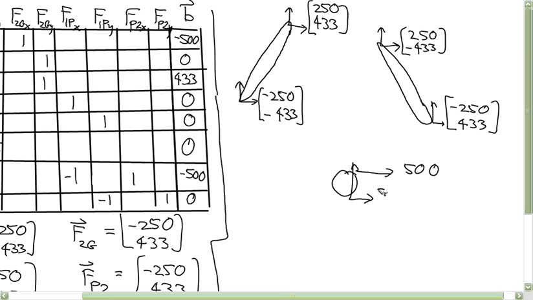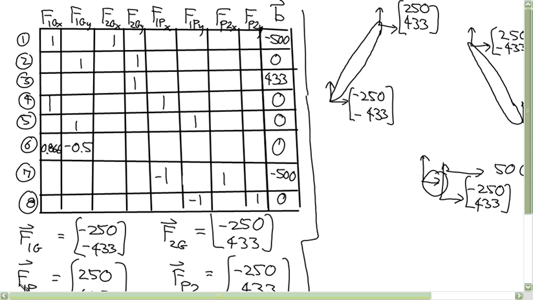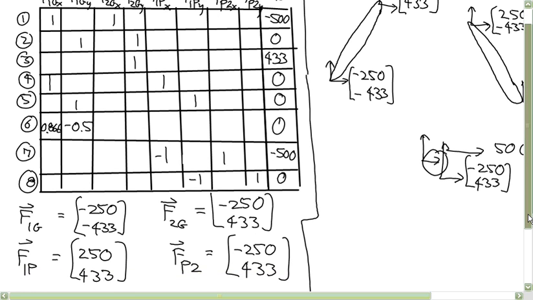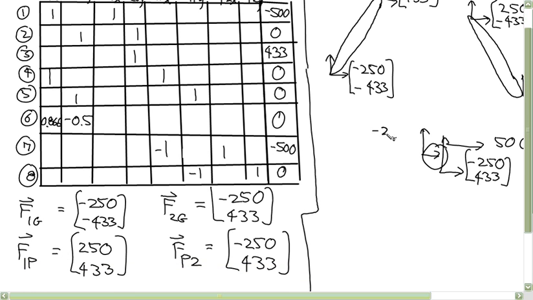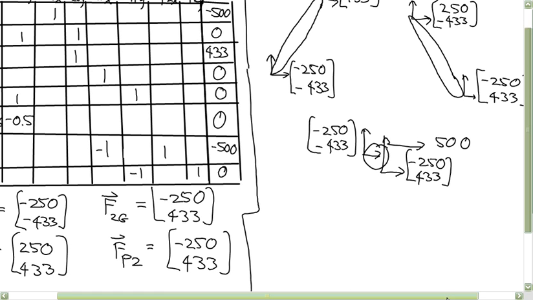There's FP2. And there's FP1. We have F1P, so we have to take the negative of that, negative 250, negative 433. So add up the x's, 0, add up the y's, 0. So it's an equilibrium. Like it had to be, unless we made a mistake somewhere with our math.